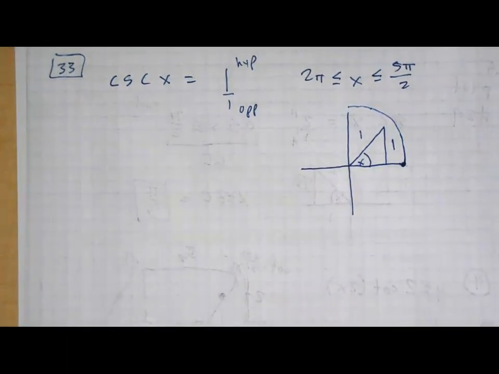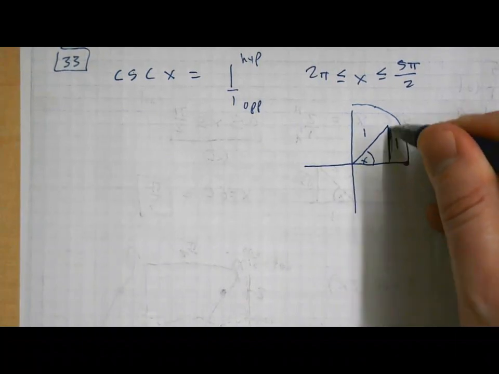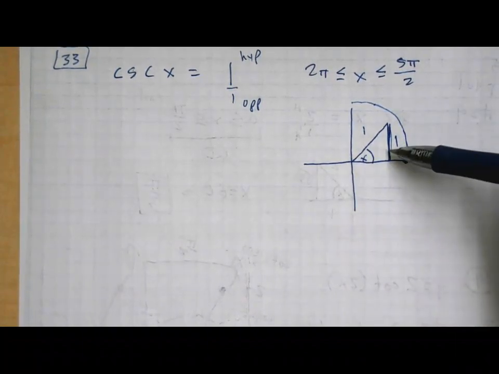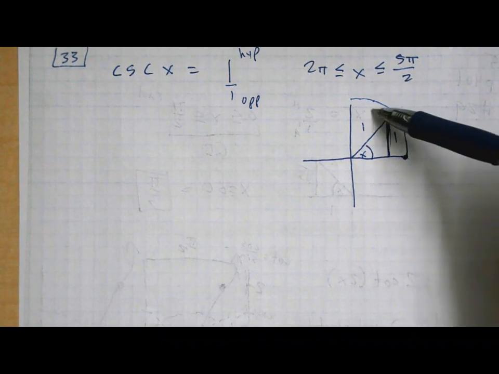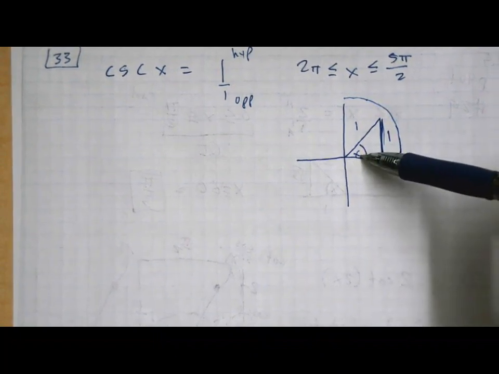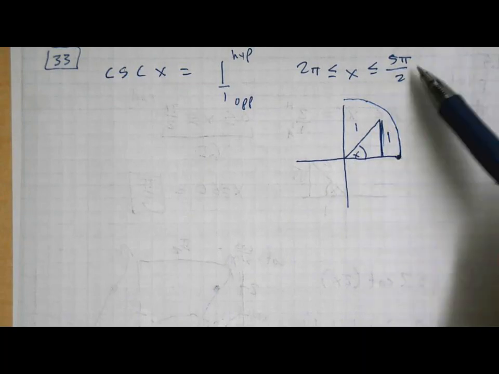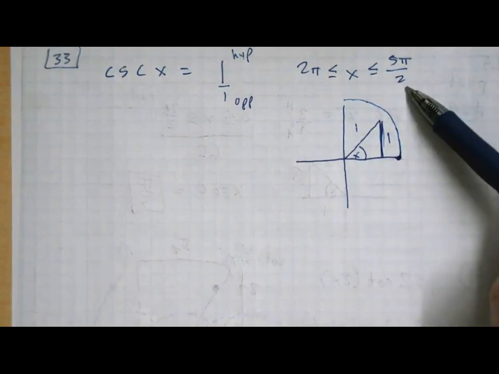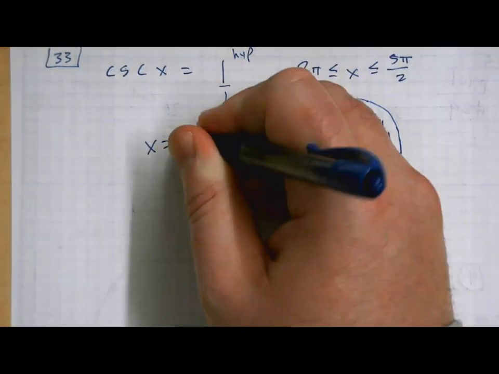If I think about this leg starting off small and growing towards 1, as it grows, isn't that going to push our hypotenuse up, up, up? And eventually, when the two match each other, what's our angle going to end up being? It's going to be 90 degrees, but we got to give an answer in here. So 5 pi over 2 would be at the same spot. X is 5 pi over 2.